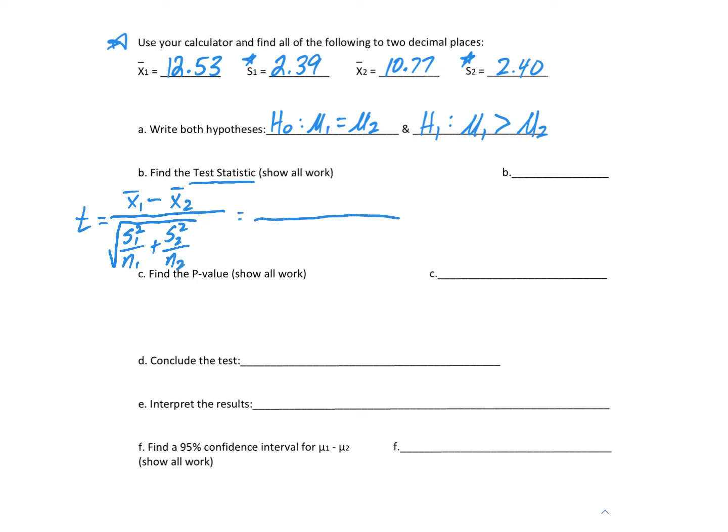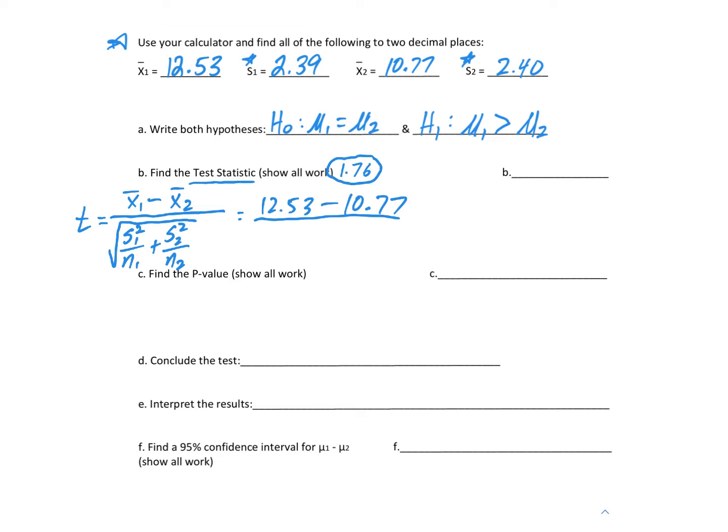So let's plug in our numbers. 12.53 is your X1 bar. Take away 10.77. Now, knowing that difference is going to be very important. So when I subtract, I get 1.76. We're just going to let that sit there for a little bit. That's the numerator.